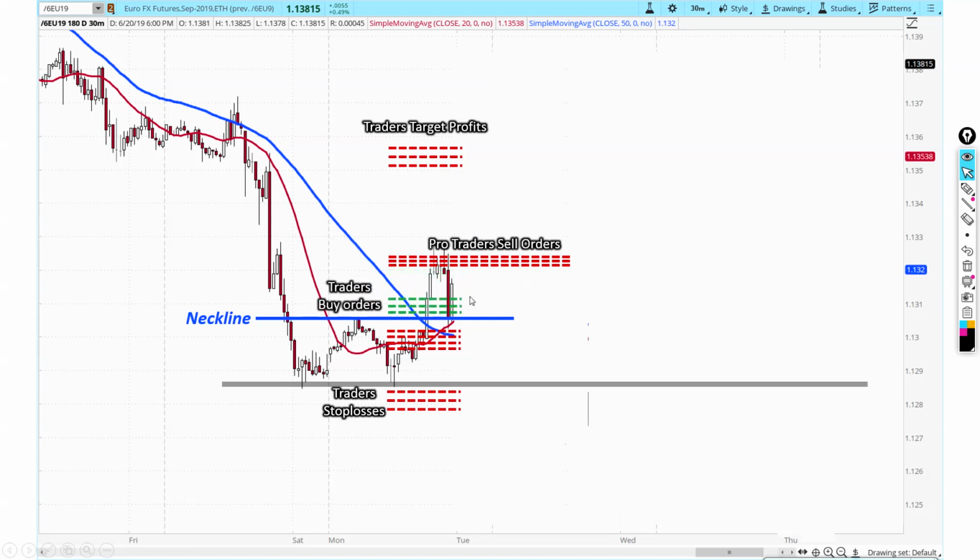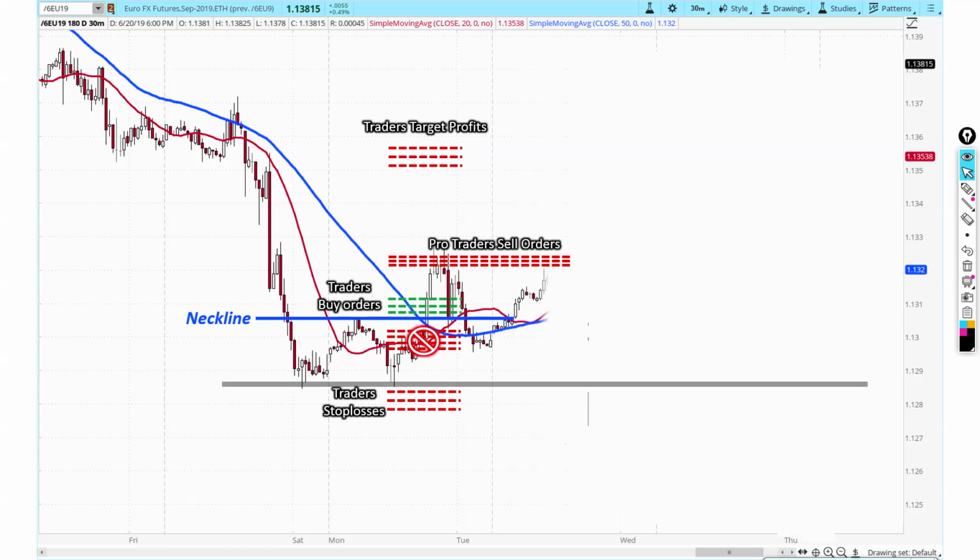All right, so those who have bought in around this area. Then, of course, as the price develops, it starts to move down below the neckline and takes out a group of stop losses right here. The ones who are more aggressive will be the first ones taken out.